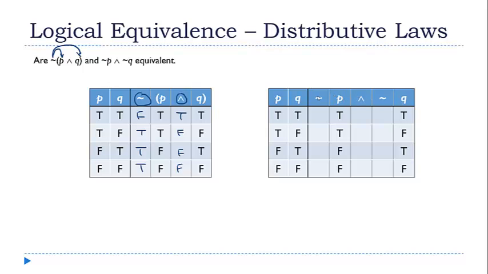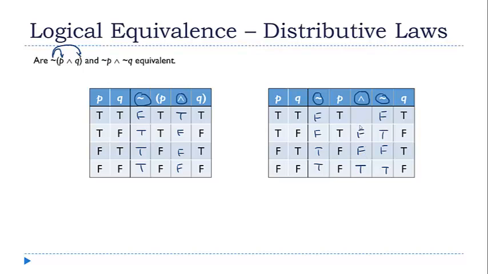And so on this side, remember the negations are a higher priority, so I'm going to do those first, reversing everybody's value. False, and true. And then I'm going to do the and in the middle. And the and is true only where both inputs are true.